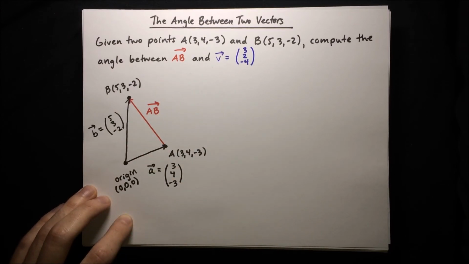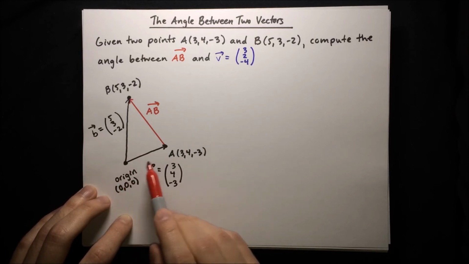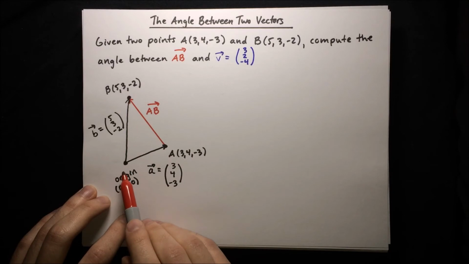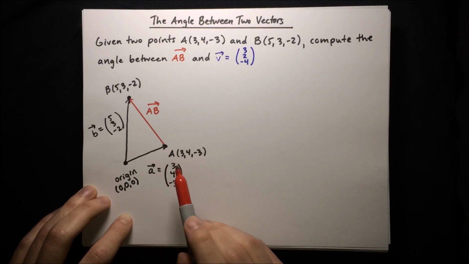Now that we've got two vectors, A and B, which tell us how to get to the points A and B from the origin, how do we compute the vector AB? Well, we can go ahead and subtract.